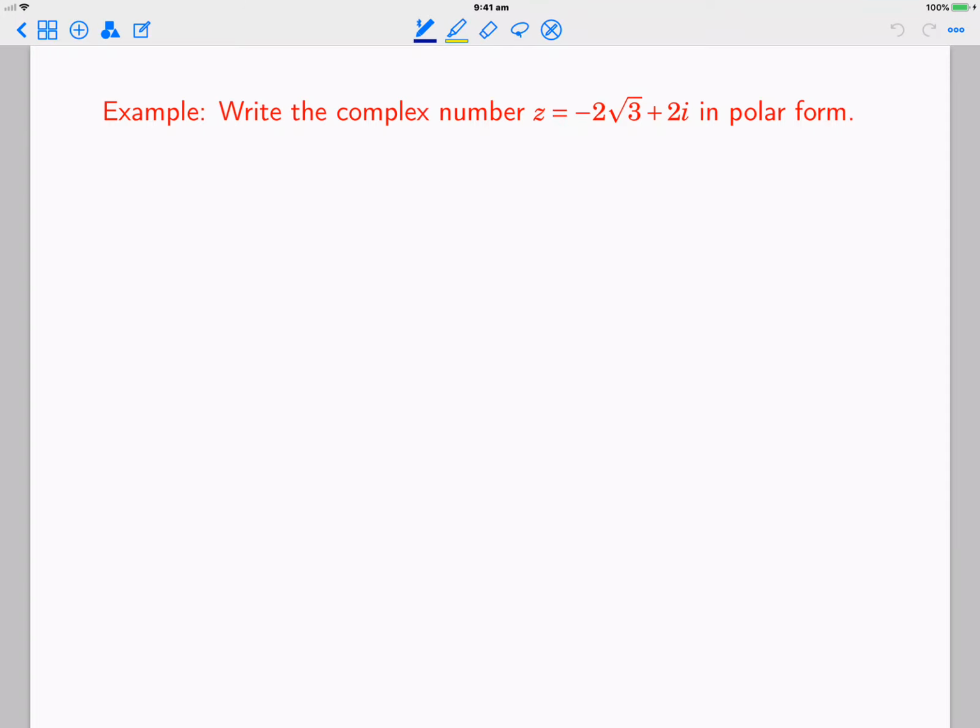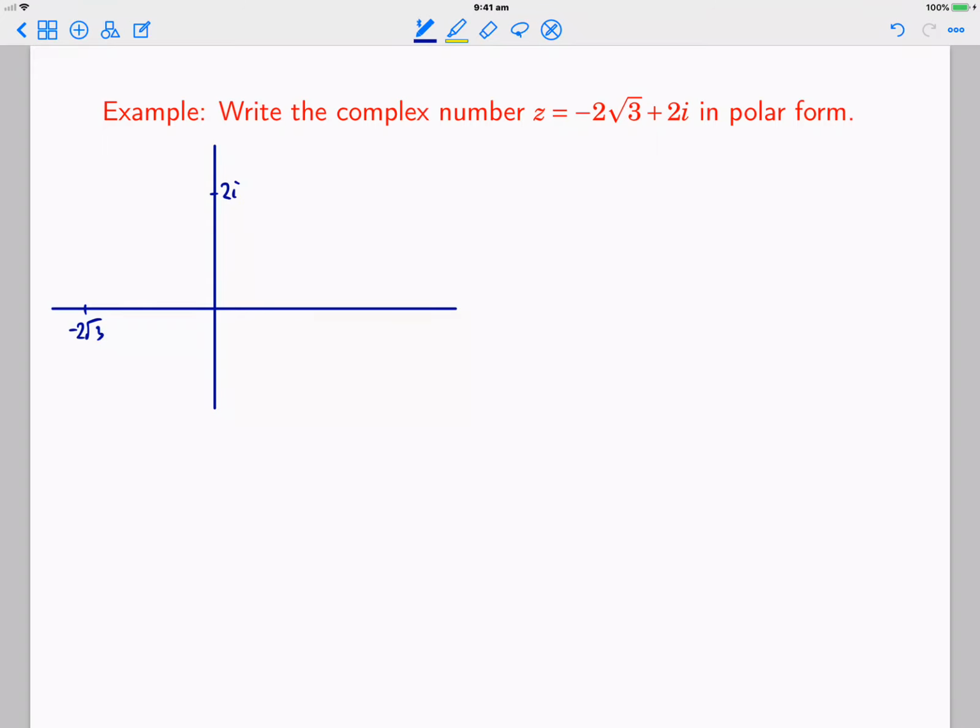I find that if you draw what's happening, it really helps reduce the chance of making silly mistakes. So let's have a look. Let me draw my Argand diagram. Minus 2 root 3 plus 2i is going to be in the second quadrant because the real part is negative, minus 2 root 3, and the imaginary part is positive, 2i.